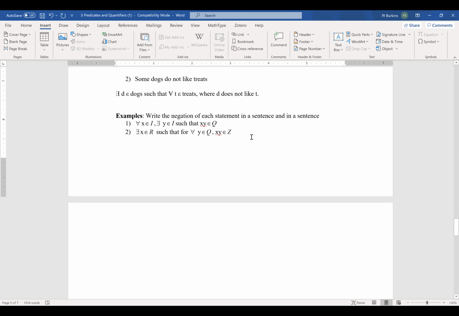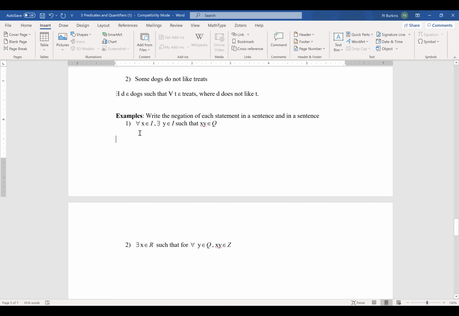As I said, the next logical step is for them to ask us to negate the sentences. Here we're asked to negate the multiple quantifiers. And remember that all that requires of us is to change the quantifiers and negate the final part of the statement.